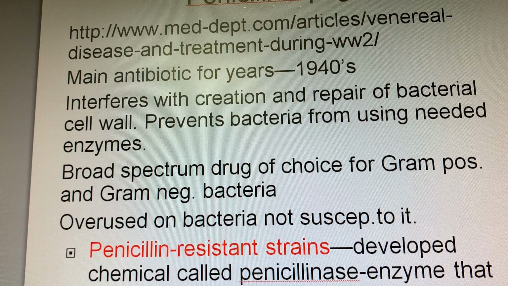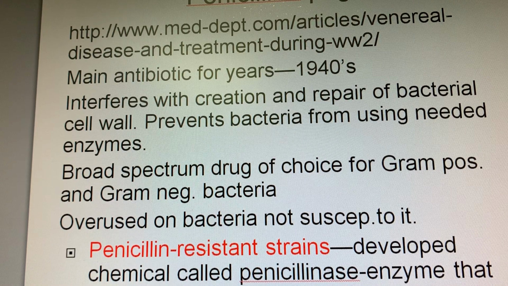Well, what penicillins do is they interfere with the bacterial cell wall. The cell wall is extremely important to bacteria. That's what keeps it alive and functioning. It's also what allows them to divide and replicate easily. So if you cannot create a strong cell wall, or when the cell wall is breached and it cannot be repaired, it's bye-bye bacteria.